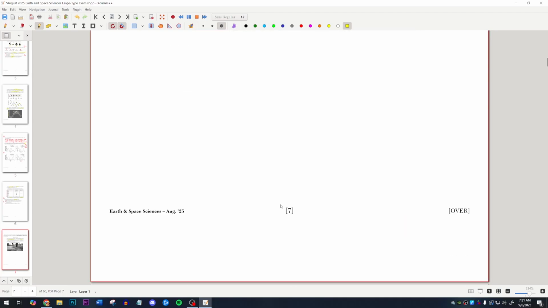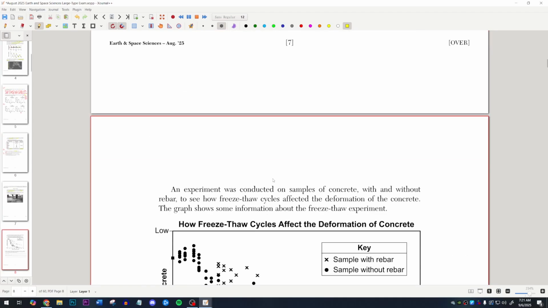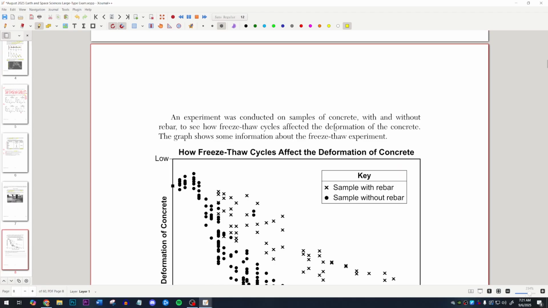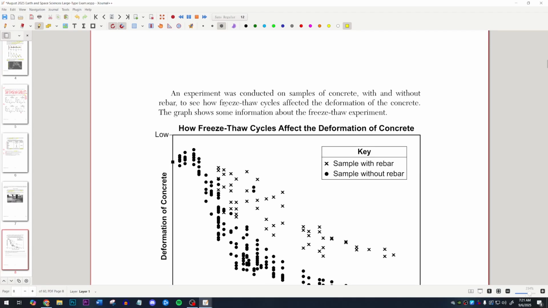Okay. An experiment was conducted on samples of concrete with and without rebar to see how freeze-thaw cycles affected the deformation of the concrete. Okay. This graph shows some information about the freeze-thaw experiment. A couple things here before we move on. Freeze-thaw cycles. You know what that means?